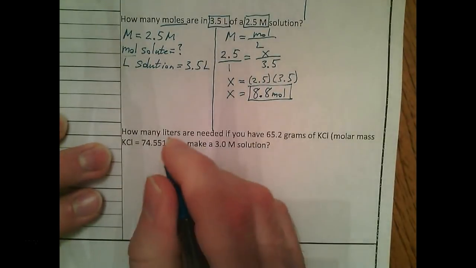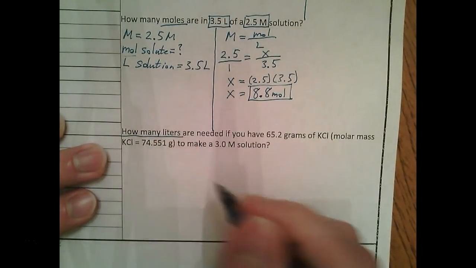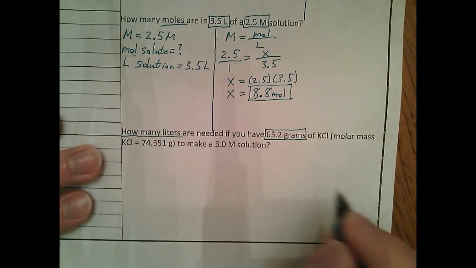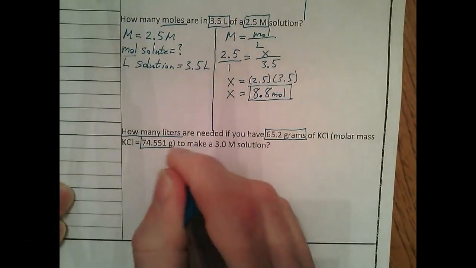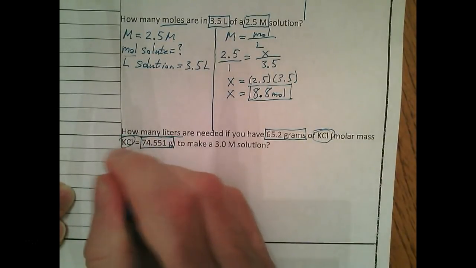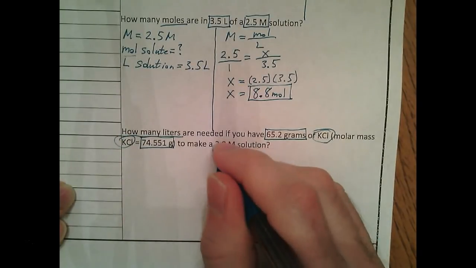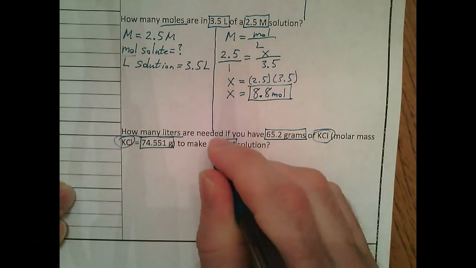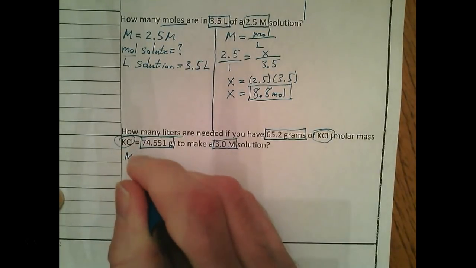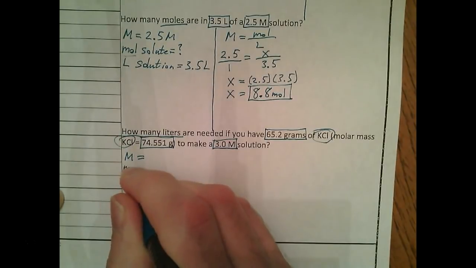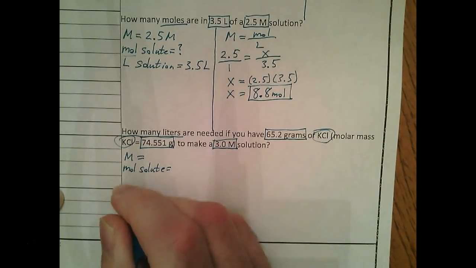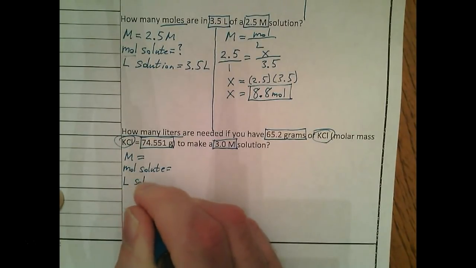This one asks how many liters are needed if you have this many grams KCl. It gives me the molar mass of KCl, so that's important, to make 3.0 molar solution. Okay, so our formula again is molarity equals moles of solute over liters of solution.